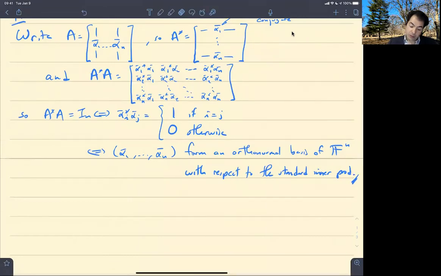Right, because the standard inner product of alpha j with alpha i is alpha i star alpha j.